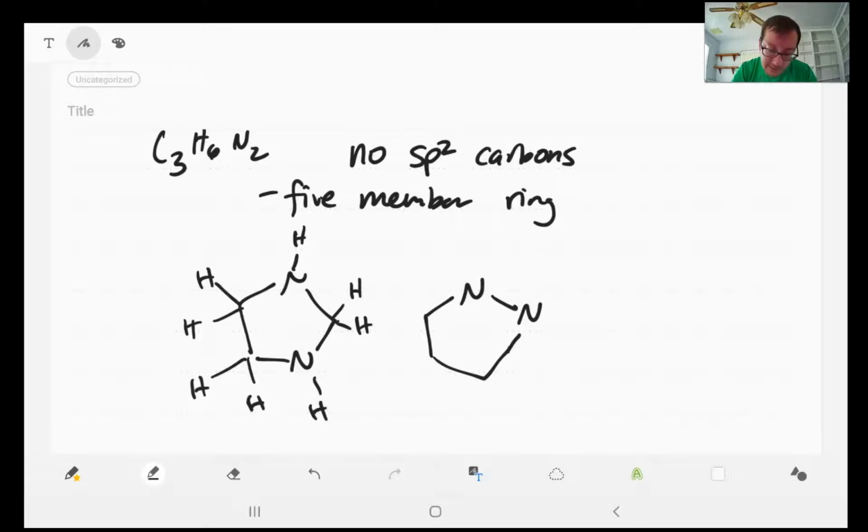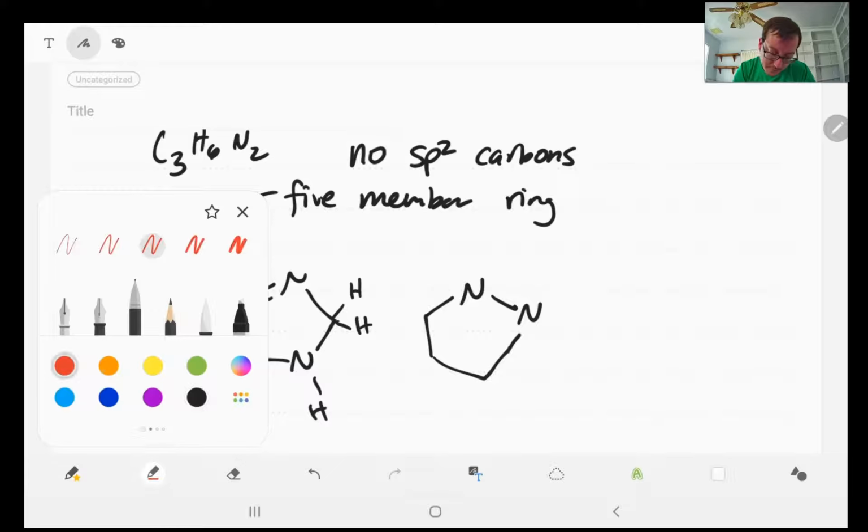And if we try and say, okay, let's get rid of 2 hydrogens and put a double bond, that would work, except we now have violated the no sp2 carbons rule, right? Because as soon as we put a carbon with a double bond, we have problems. So that one is not going to work.